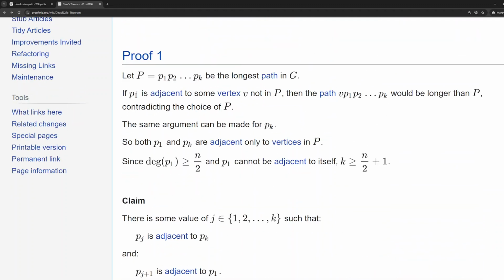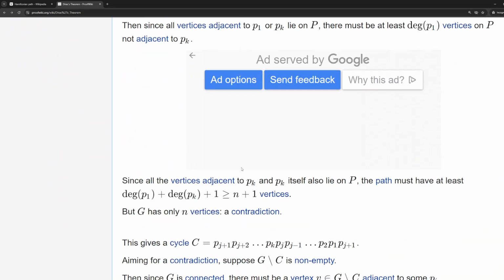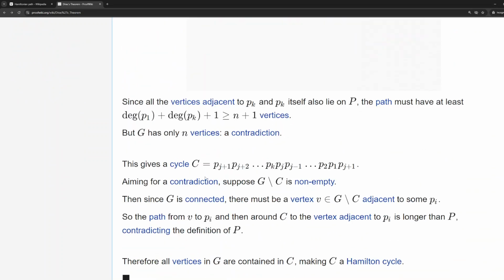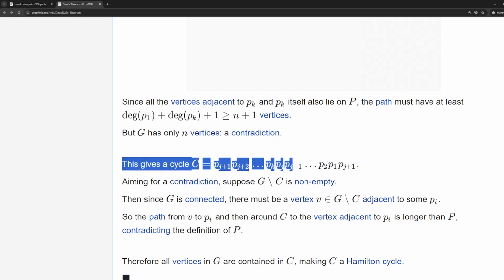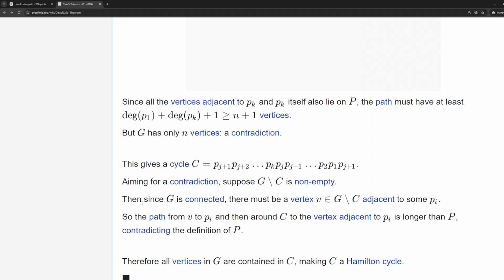and basically the proof goes generally the same way as I gave the proof in my video. But the last part, the part when we proved that there is a cycle, where we took the longest path and proved that we can build a cycle on the same vertices, is where they use connectedness.